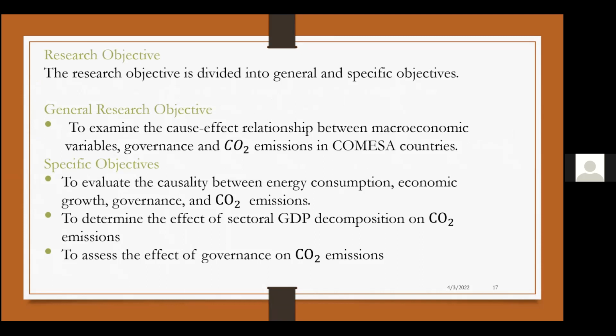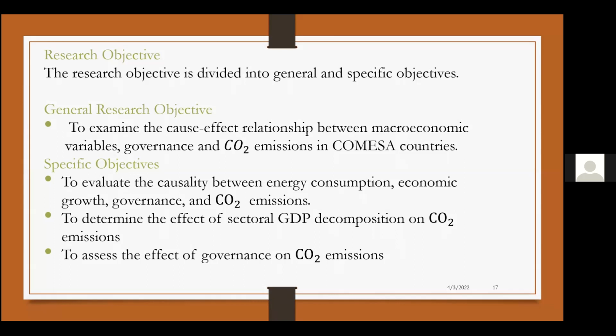In terms of the research objectives, they are divided into general and specific objectives. The general objective of the study is to examine the cause-effect relationship between macroeconomic variables, governance, and CO2 emission in COMESA countries. To operationalize this, we divide it into 3 specific objectives.